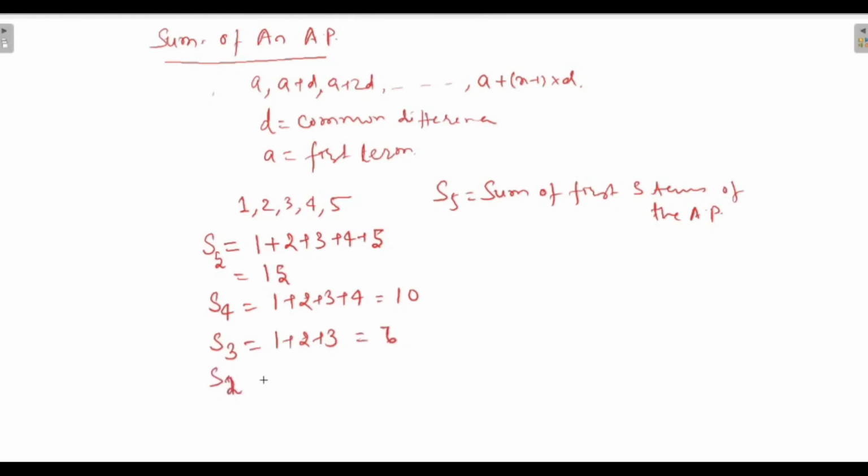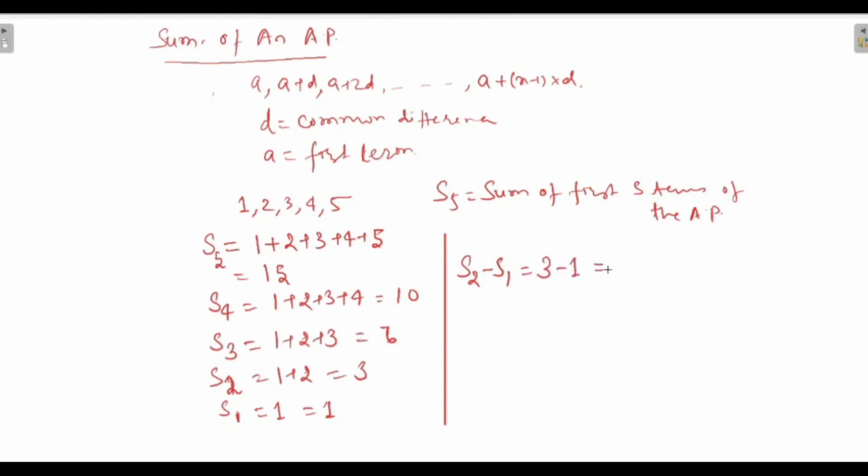S2 would be 1 plus 2, which will be 3, and S1, and this is what I want you to see here, S1 is the sum of the first one term. So I'll just write 1 over here. So S1 would be 1. What I'm showing you is, say I do S2 minus S1. In a way, I'm just doing 3 minus 1.